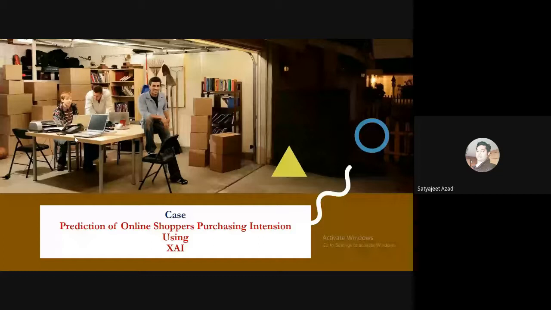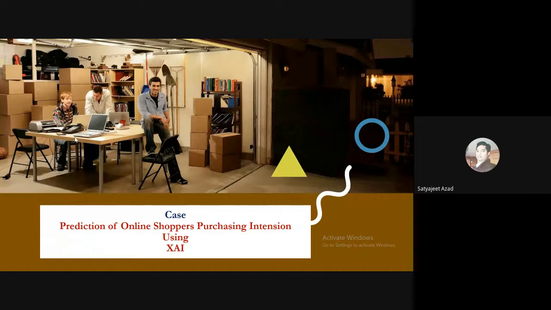In this case we are trying to predict the online shoppers' purchasing intention. I have a data set with different features, and we are trying to understand why some online shoppers are not purchasing and not converting into revenue.